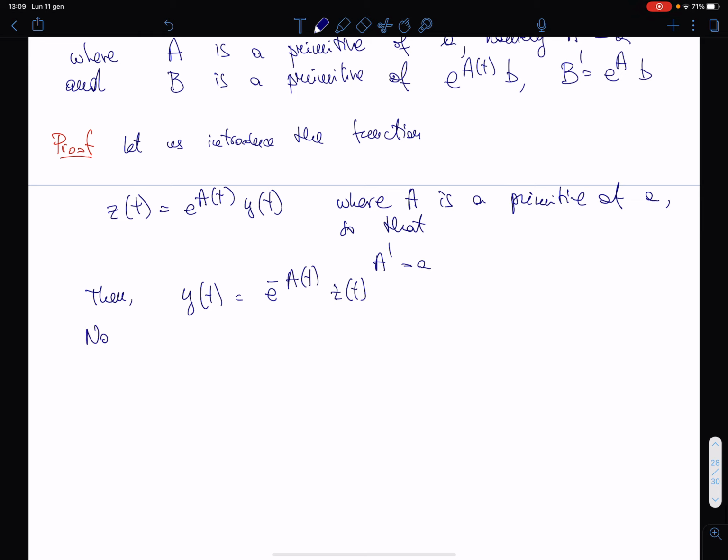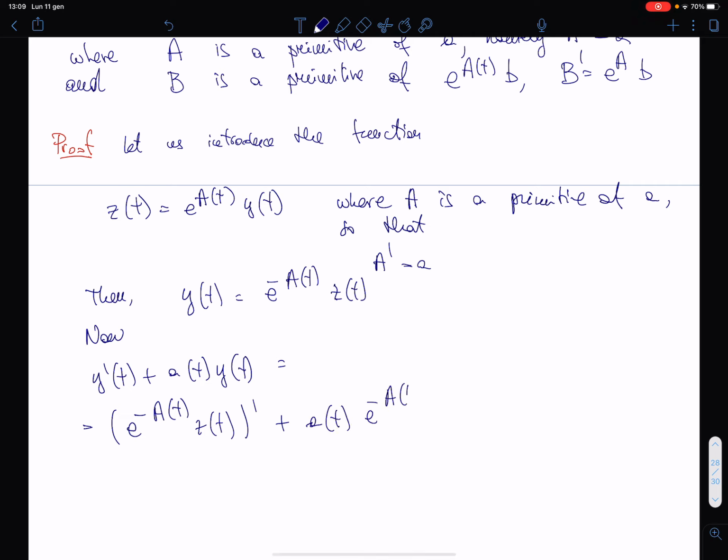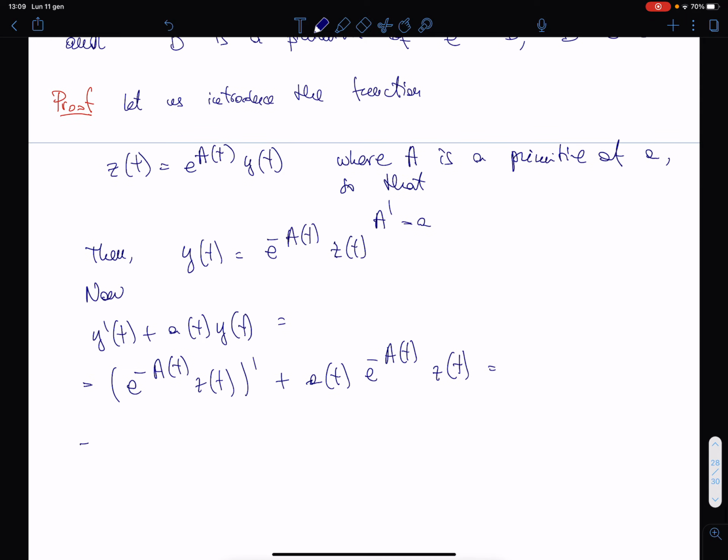Now, write down the left-hand side of the differential equation. So, y prime of t plus a of t y of t is equal to what? It is equal to e to the minus A of t z of t, prime, this is y, plus a of t e to the minus capital A of t z of t. Now compute this derivative here.